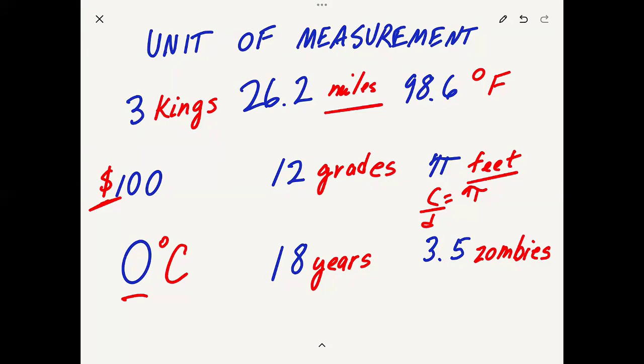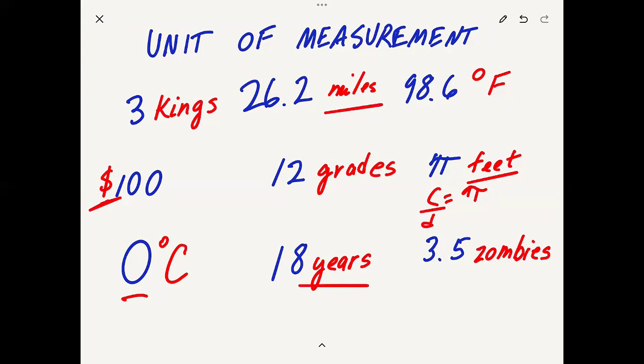So the unit of measurement would be years. And then the last one is 3.5 zombies. 3.5 is just a rational number, but 3.5 zombies means we have 3 zombies and then half of a zombie, which could happen. Zombies could get cut all up.